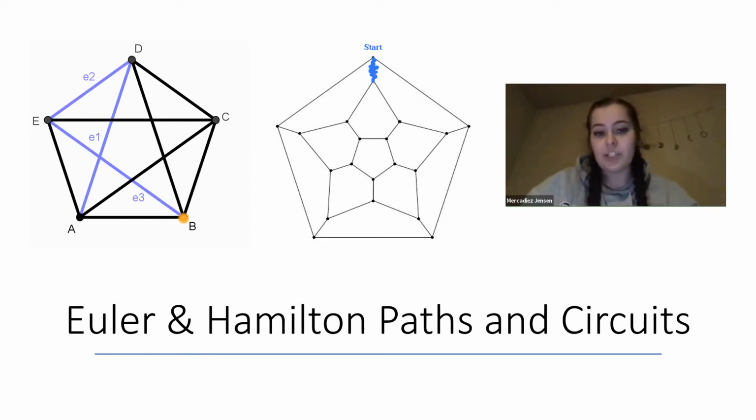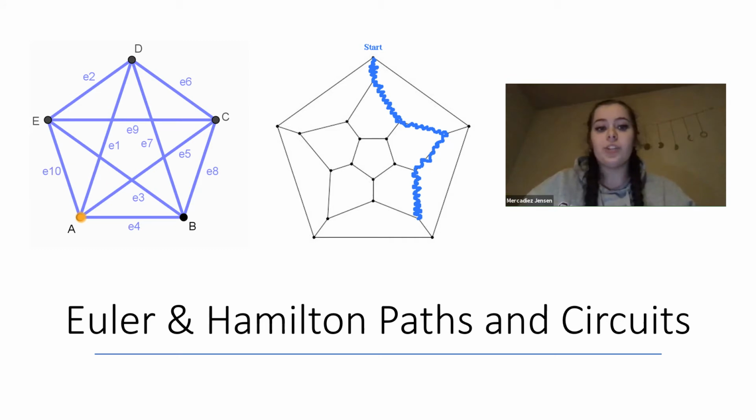As previously mentioned by Sam, there is both Euler and Hamilton paths and circuits. On the left, you see a Euler path, which is focused on going through each edge only once. It does not matter how many times it goes through the nodes, because it is only focused on passing each edge once. Just like Euler when he was discovering the theory with the bridges.